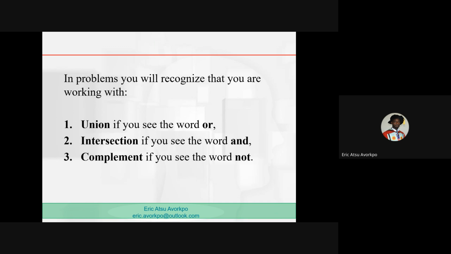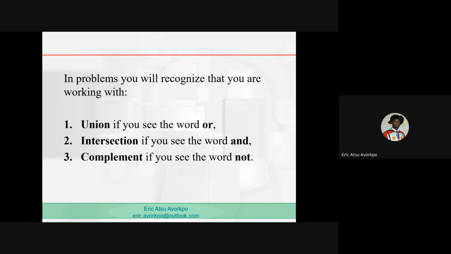Now, in problems, you will recognize that you are working with what we call union, intersection, and complement. If you are talking about union, the word used to describe it is 'or'. If you are interested in intersection, you'll be using the word 'and'.